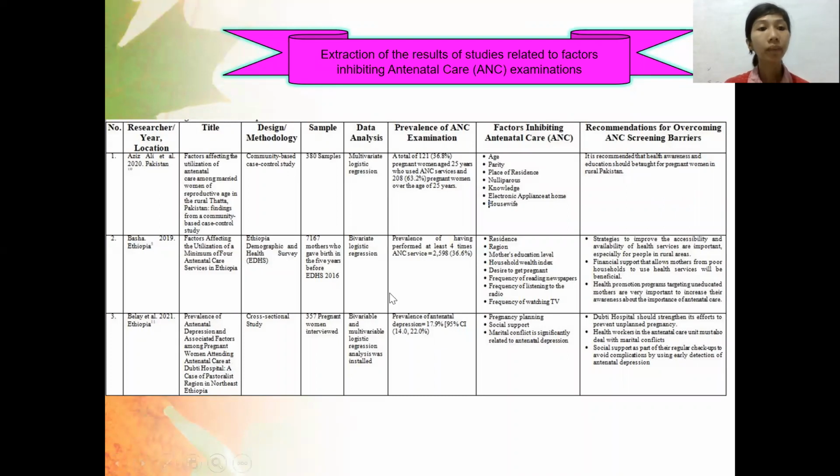The table shows research years, location, and title, design methodology, sample, data analysis, prevalence of ANC examination, factors inhibiting antenatal care, recommendation for overcoming and ANC screening births.